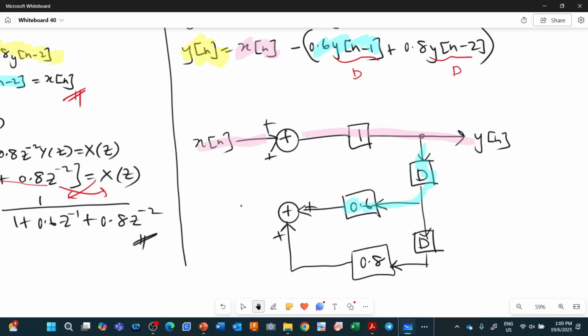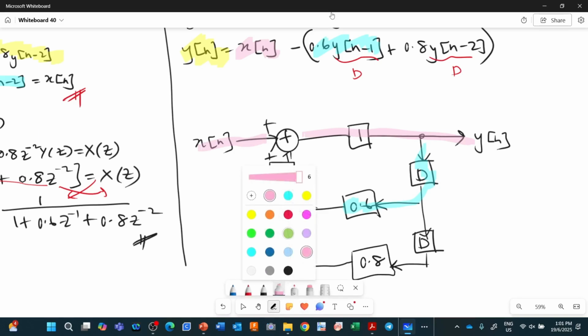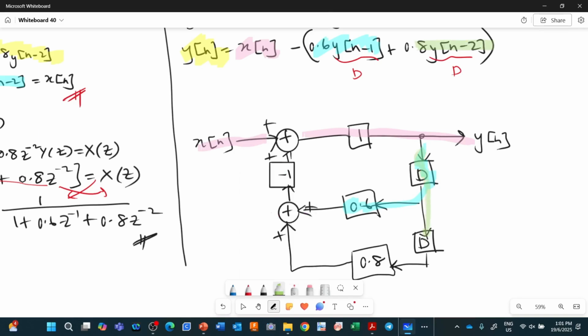This is step by step basically. If you already know it, then it's just a refresher. Now lastly, because this is negative, y equals x minus the whole thing, right? So you have here the gain block minus 1. If I color it, the green one is covering D and also this term.